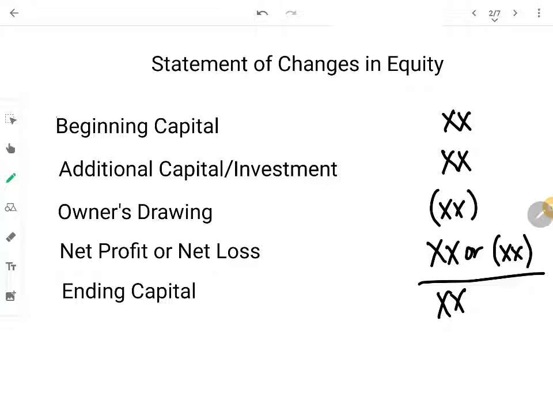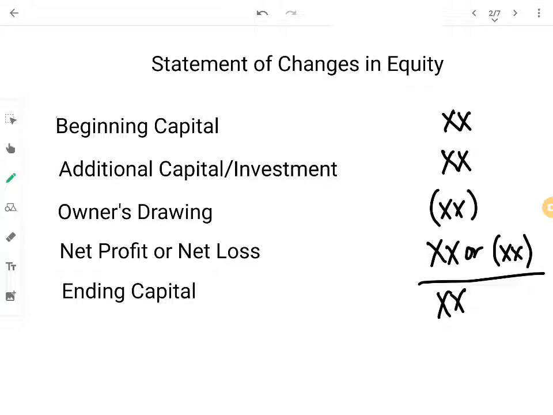So, ito yung isa sa pinakamadaling i-prepare natin na financial statement. So, the financial statements form a set of interrelated reports. So, the statement of financial position na diniscuss natin noong una, then statement of comprehensive income nung second module, tapos ngayon naman yung statement of changes in equity.